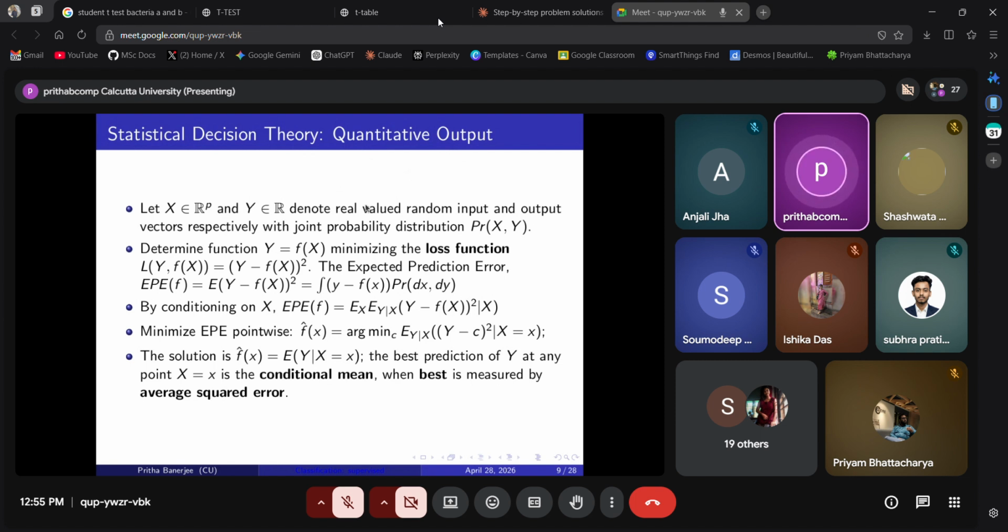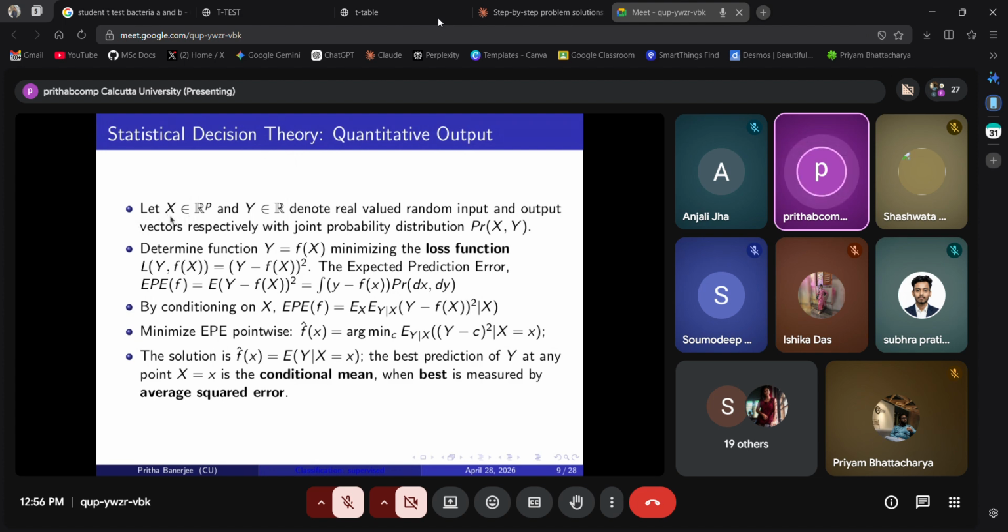Given the same x, what is the mean value of y that you are getting? That is a true prediction, and it comes close to the true population value. So here also we'll be talking about expectations.